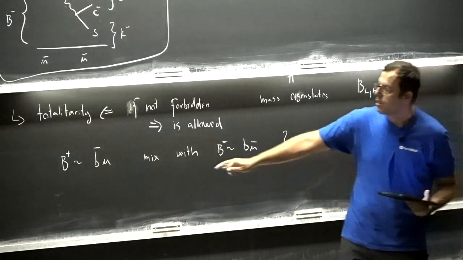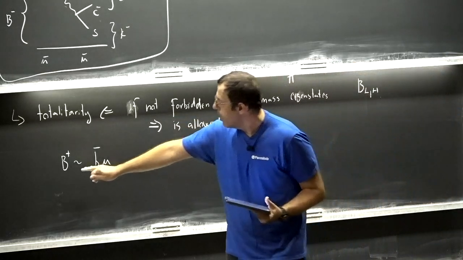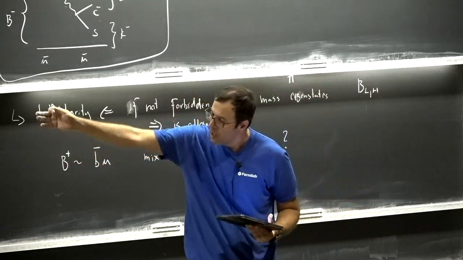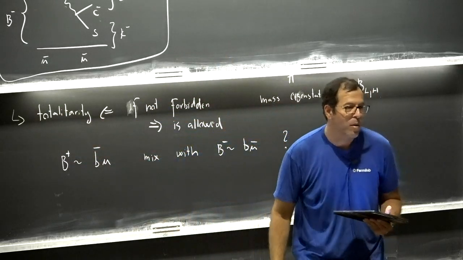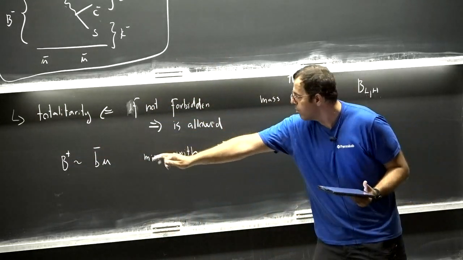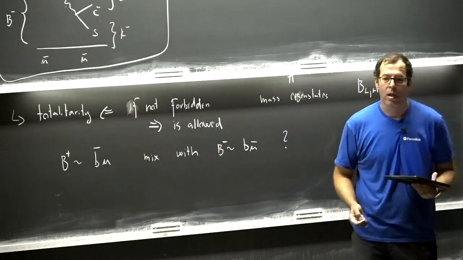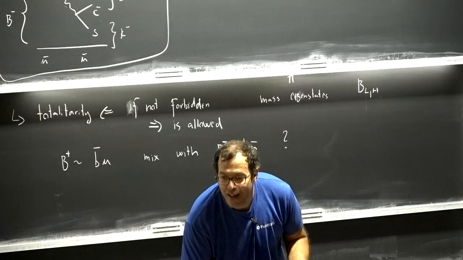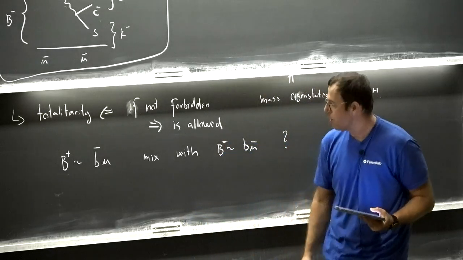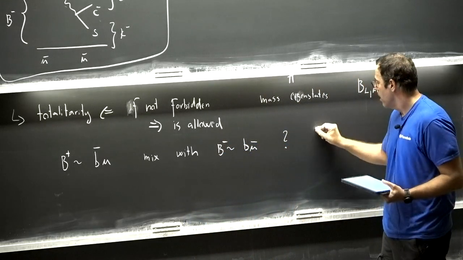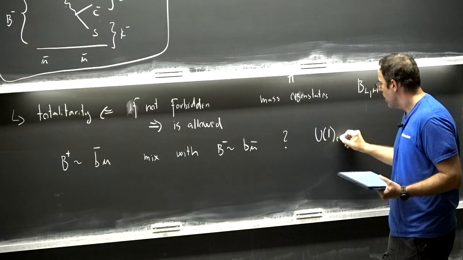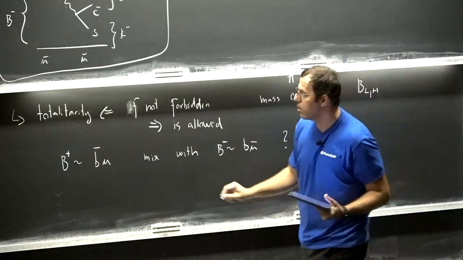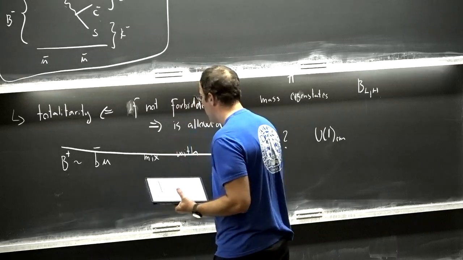So can I write something like that, where I take a B plus, do, I don't know, 15 loops in electroweak, and at some point I will be able to convert B plus to B minus? You're not happy, so why not? Charge. So the answer is charge, because there is a conserved U1 electromagnetic. I have a symmetry that forbids the mixing. So this is not allowed, right?